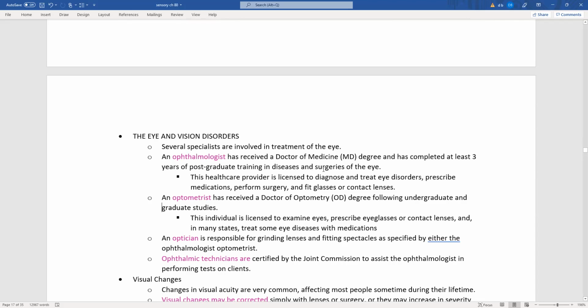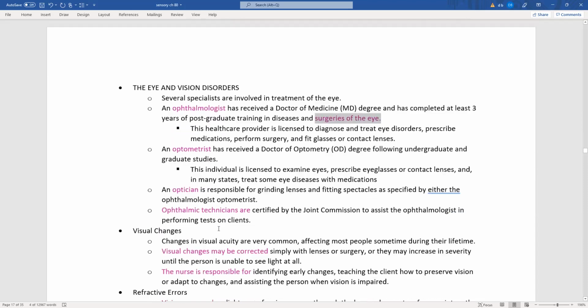So y'all need to know the differences between these. The optometrist can examine your eyes, prescribe you medicine and contact lenses in many states, and treat some eye diseases with medication. That's all he can do.